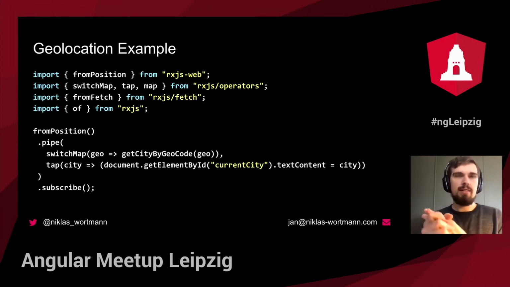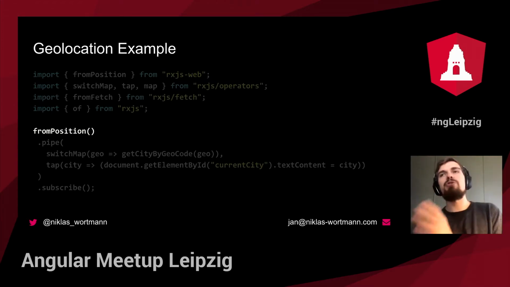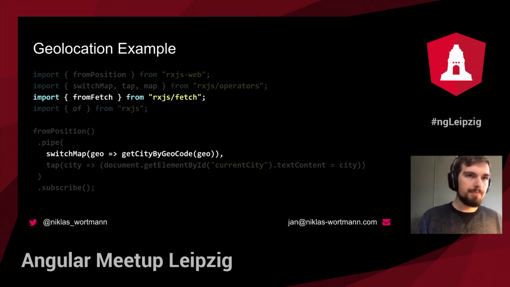So the code for that kind of looks like that. I hid a little bit of the details within how to get the city codes and something like that. But what I wanted to show here is that RxJS-Web provides a fromPosition method that you can use to subscribe to position changes of your user.